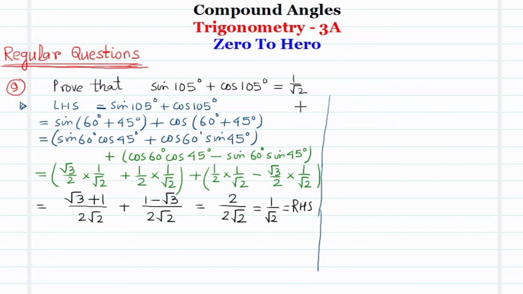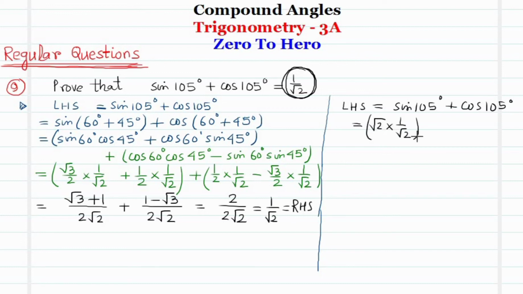Now let's start with, since we can find 1 by root 2 in the right hand side, keeping that in mind, how can we write the left hand side? The left hand side is sin 105 plus cos 105. Let us write root 2 into 1 by root 2 as before, and sin 105 plus cos 105 as usual.